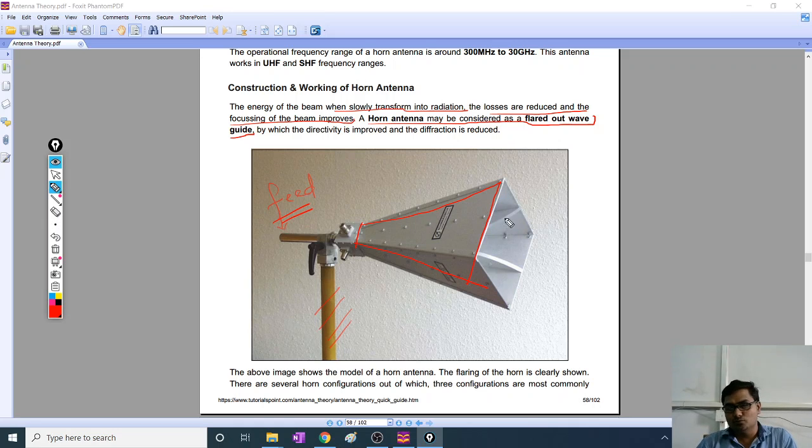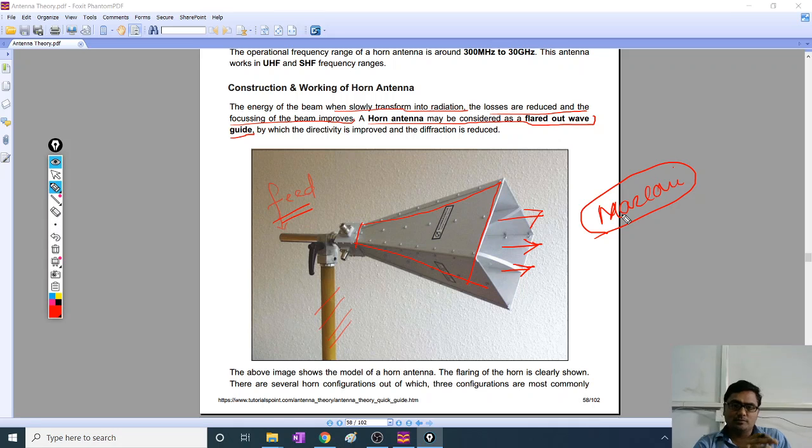As I told you many times, the first antenna was designed and implemented by Marconi. It was Marconi who invented the antenna. It is the name of a scientist.